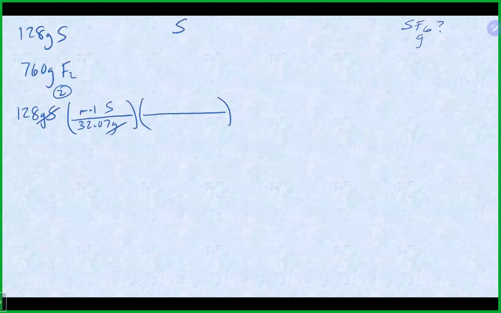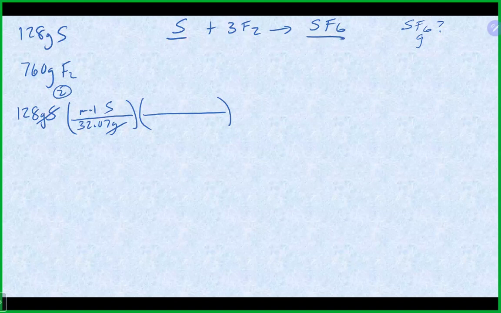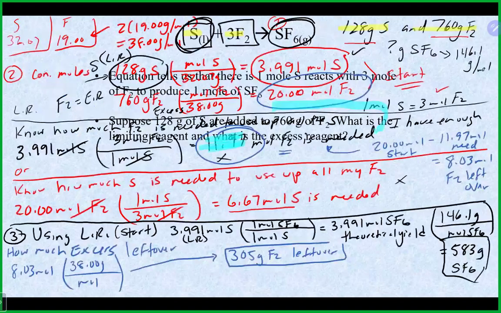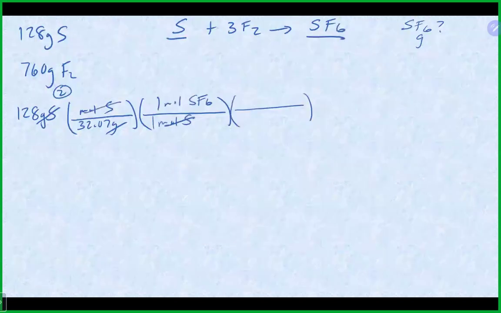So we have S plus 3F2 goes to SF6. I would now do my relationship between my first reactant and my product, which is 1 mole of sulfur is 1 mole of SF6. Again, the moles of sulfur cancel. And at this point, I would use the molar mass of SF6, which we borrowed from the previous one, which I think was 146.1.